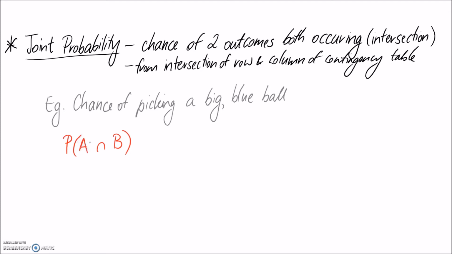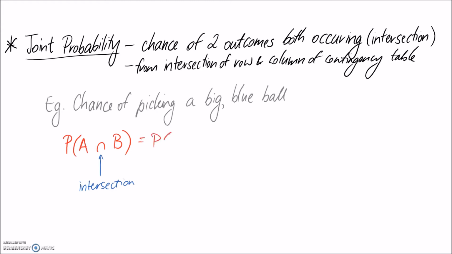In our case, event A is that it's big, and event B is that it's blue. This symbol is just used to define the intersection, okay? This tells you we want the intersection, or the AND case, so we want both A and B to be true. We can get this from looking at an intersection of a row and column in our contingency table.